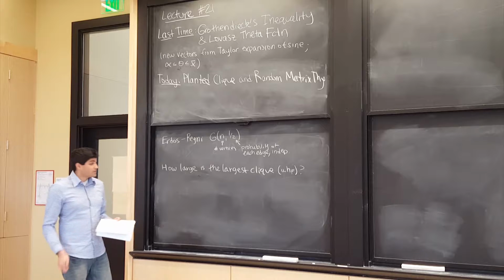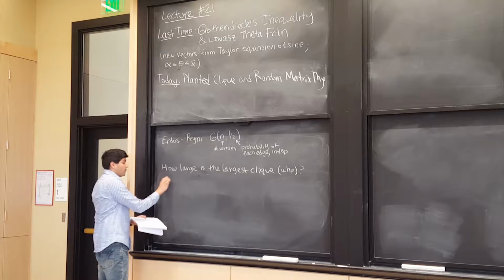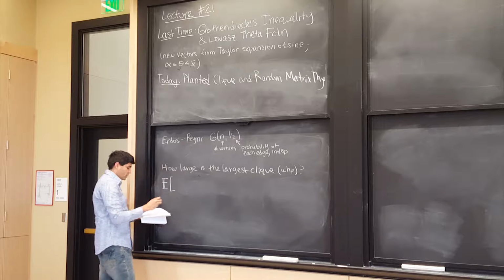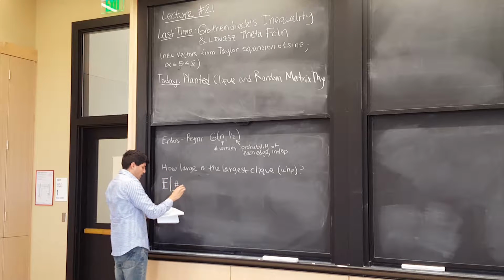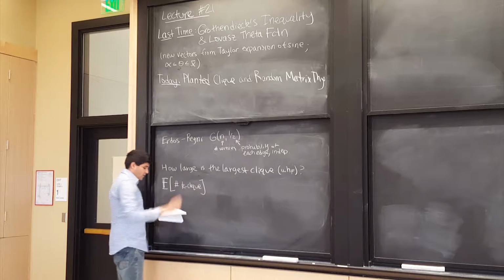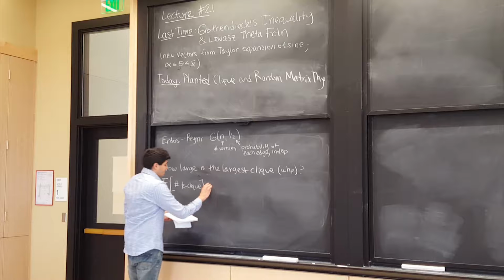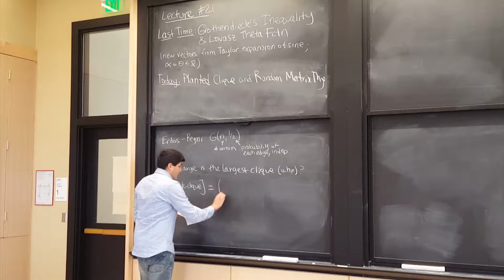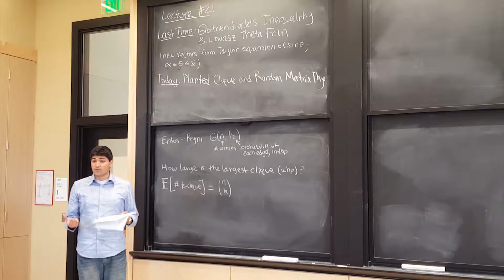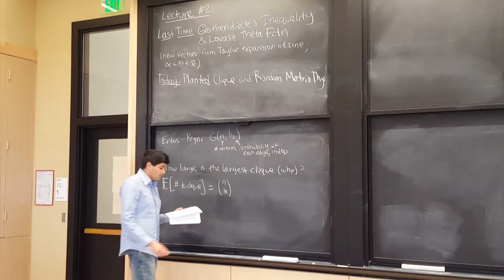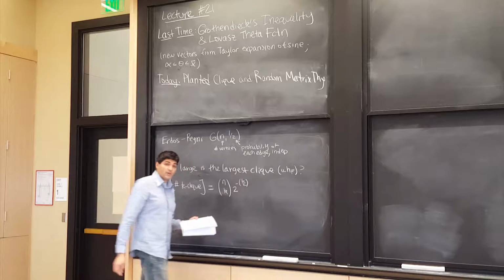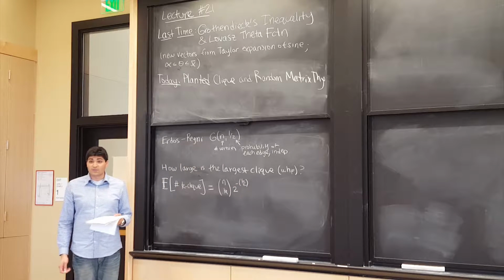So just to abstract it, what he's saying is that a great way to try and upper bound the probability of actually having a large clique is to look at the expected number of k-cliques. And this is exactly the computation he was doing: the expected number of k-cliques is very easy to write down. It's n choose k for all of the possible sets of k vertices that could participate in that k-clique, times the probability of actually having a clique on those edges, which is 2 to the minus k choose 2.